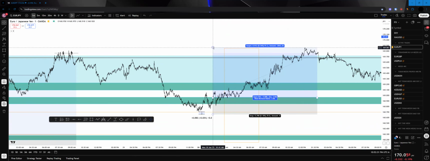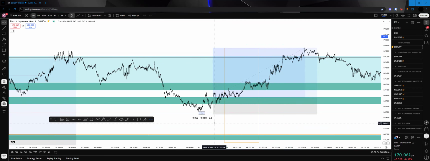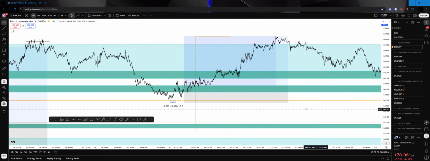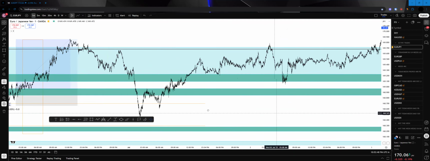And perfect. Yep. There we go. So 3R right there. And then price obviously reverses after.